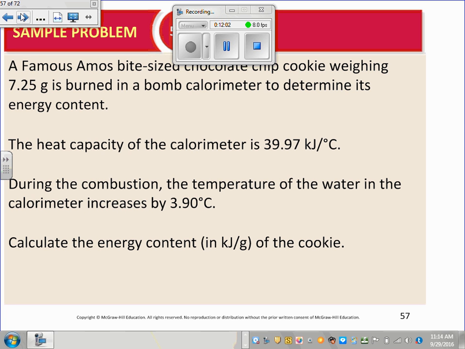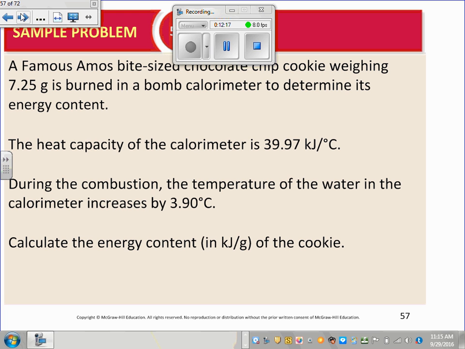So here we have good old famous Amos bite-sized cookies. They weigh 7.25 grams. So we burned one of these in a bomb calorimeter to determine its energy content.